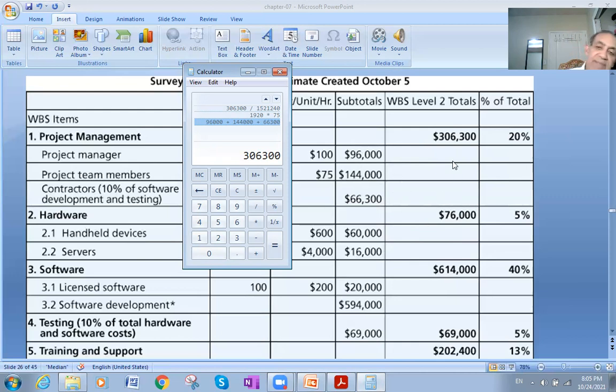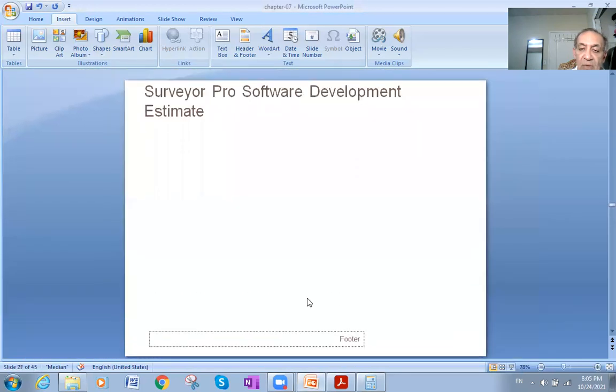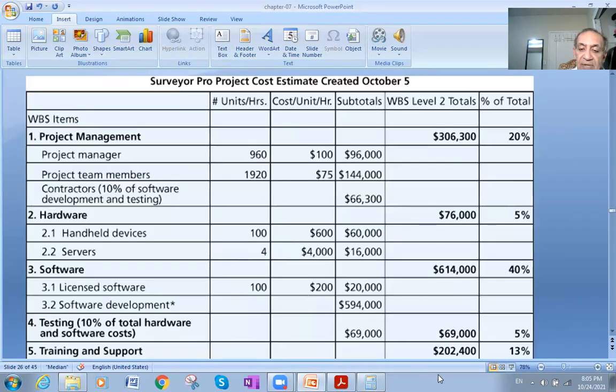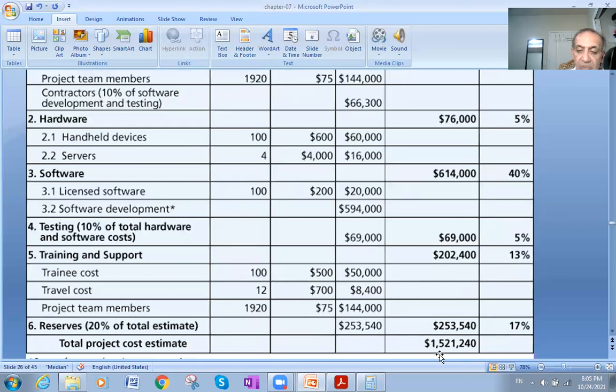At the same time, we divided 306,300 by the total amount of the chart itself, which is 1,521,240.